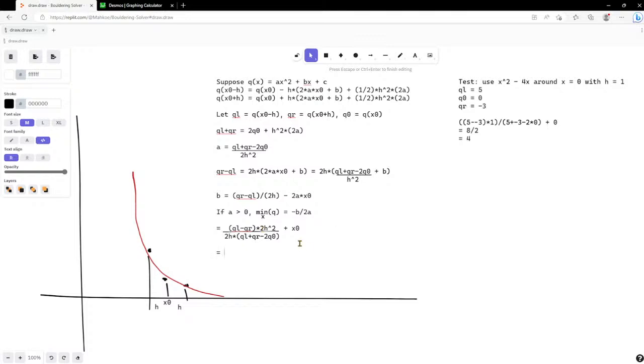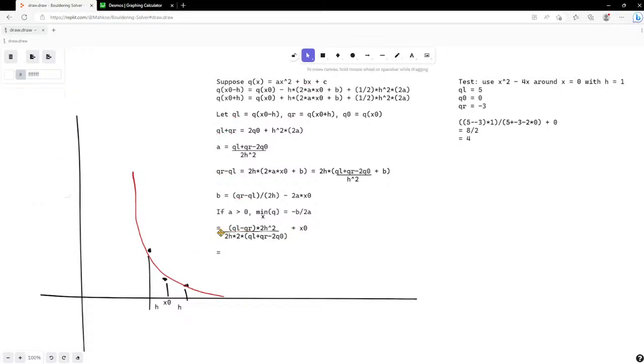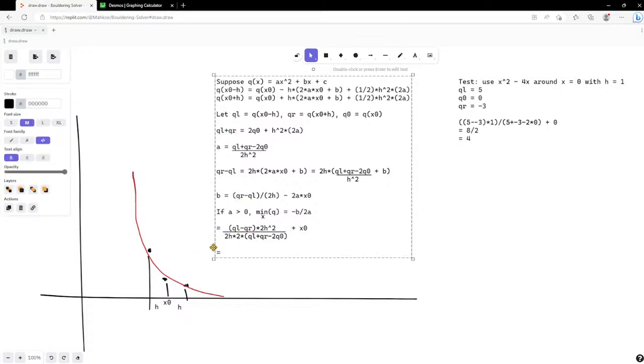Which equals, so we can cancel out one of these two h's. Wait, am I forgetting the 2? This is -b. Yeah, I am forgetting a 2. Over 2 times that. Right? So this is -b over 2 times a. Okay, great. So we cancel out a 2, we cancel out an h.